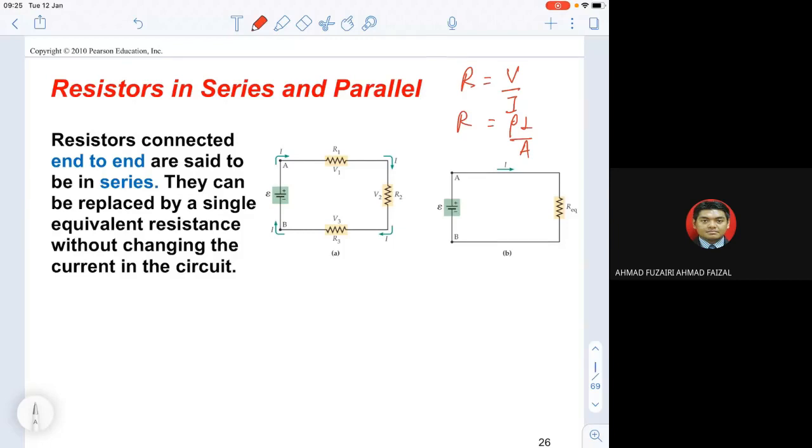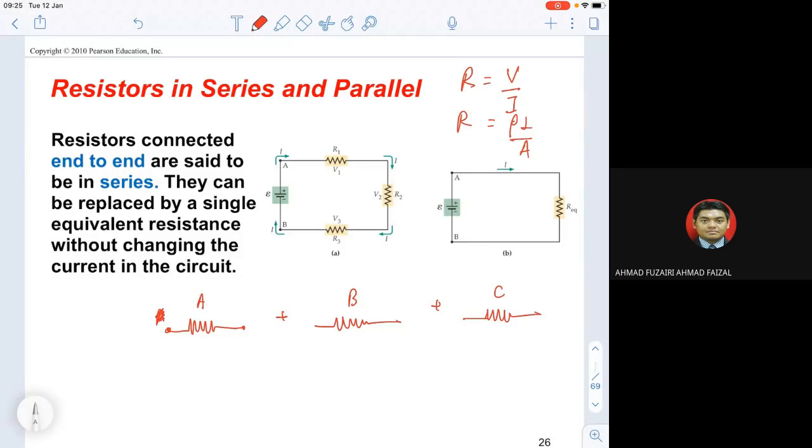A simple connection. We are saying that resistors connected end to end are said to be in series. So what is end to end? End to end meaning that you have, let's say, one resistor, resistor A, connected with resistor B and connected with resistor C. How can we combine that in one particular electric circuit?